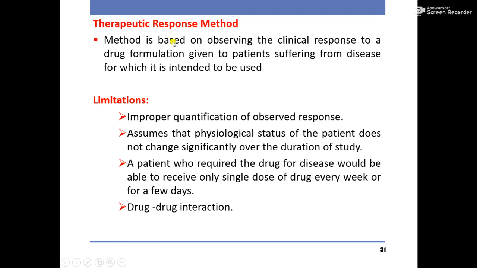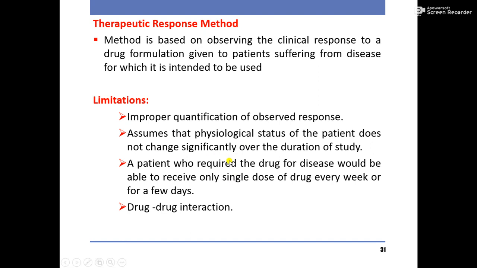The therapeutic response method is based on observing the clinical response to a drug formulation given to patients suffering from the disease for which it is intended to be used. In therapeutic response methods, there are some limitations: there is improper quantification of observed response, and we should assume that the physiological status of the patients doesn't change significantly over the duration of the study.